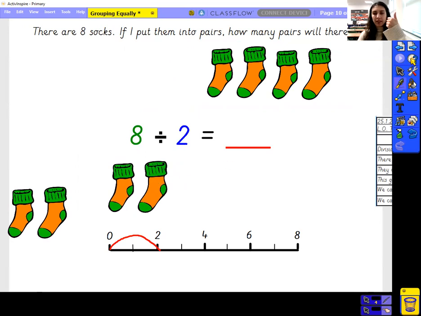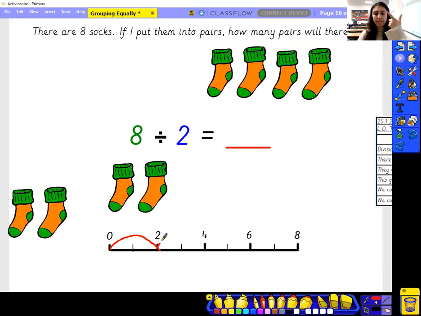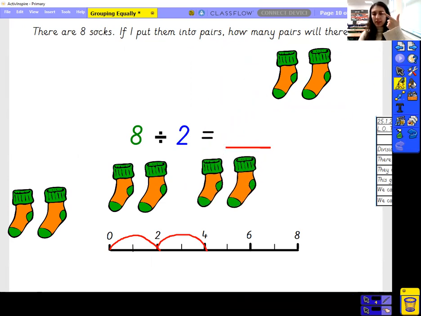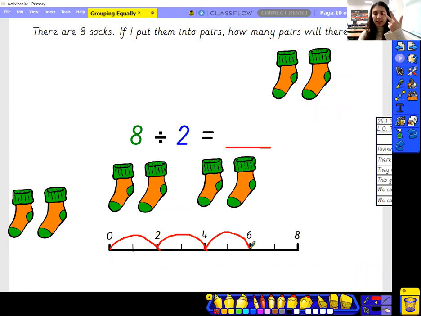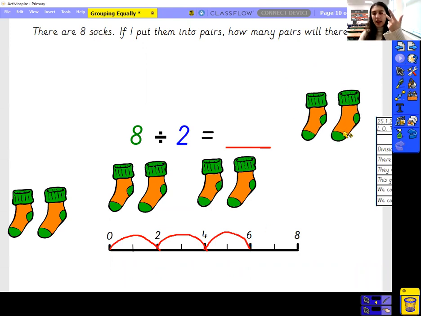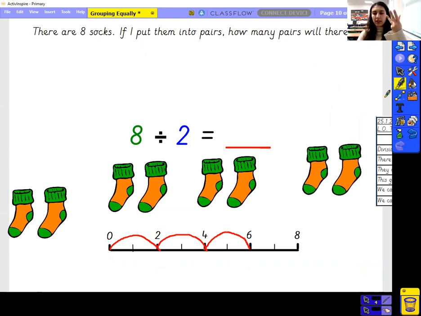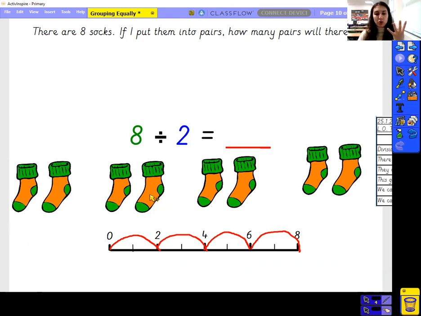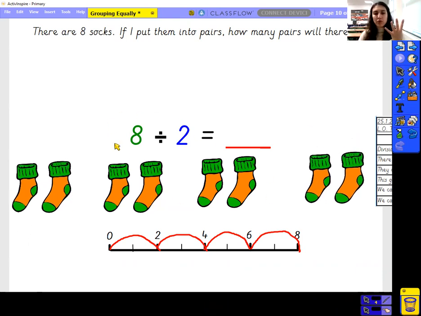2 pairs would be 4. 3 pairs would be 6. And 4 pairs would be 8. So what we did is we counted in our pairs, in our 2s, until we reached our whole amount.